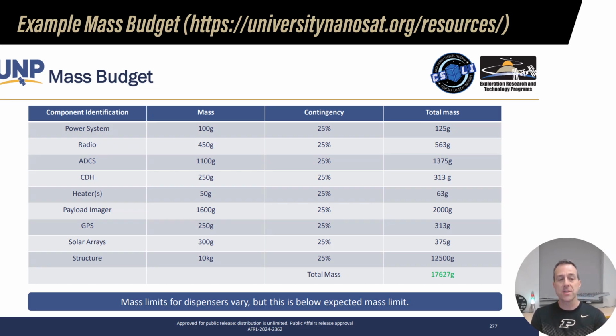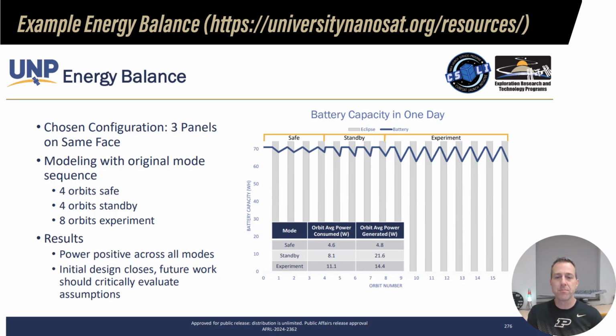So they show, for example, the different components of a nanosat, the estimated mass, the contingency, and you see they built in 25% contingency on top of each element, and then the total mass. And then you have to make sure that your total mass, not just of each element, but at the very bottom, still meets the mass requirement.